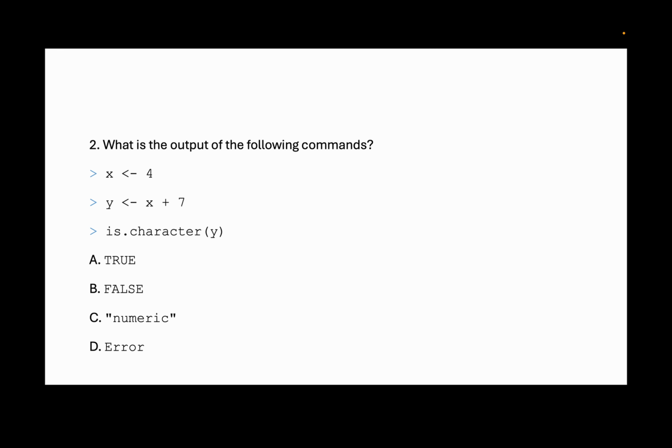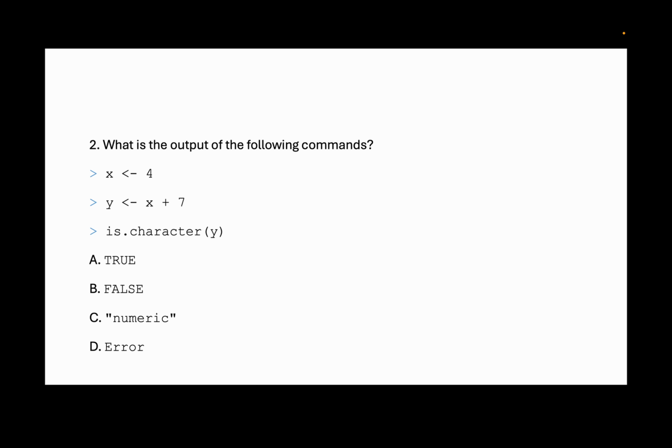What is the output of the following command? x equals 4, y equals x plus 7, and we want to compute whether the resulting value is a character or not, that is is.character(y). A, B, C, or D: true, false, numeric, error.